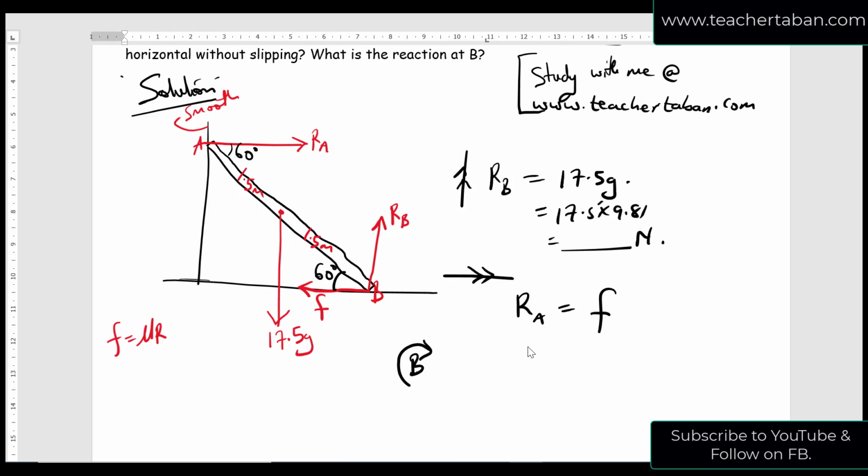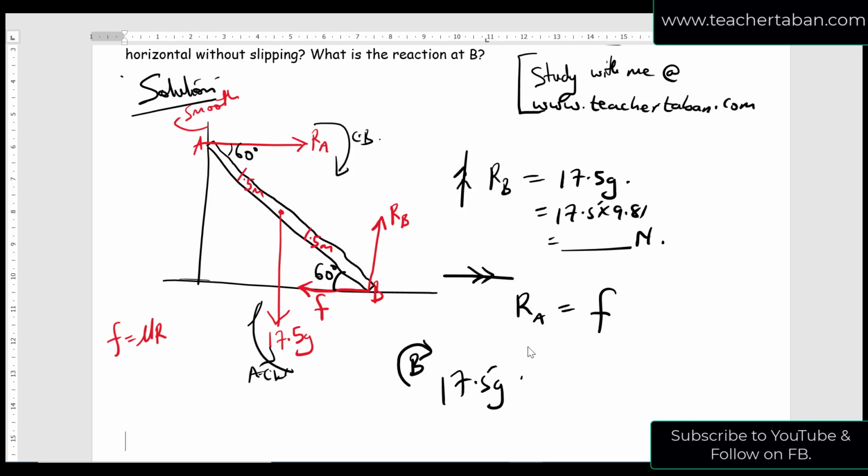So the frictional force is passing through point B, the RB is passing through point B, so the distance is 0, meaning that the moment is 0. So this one will be anti-clockwise about point B, and then this one will be clockwise about point B.